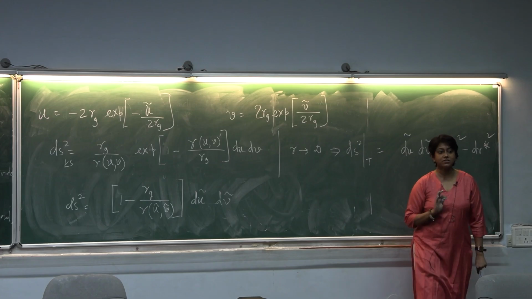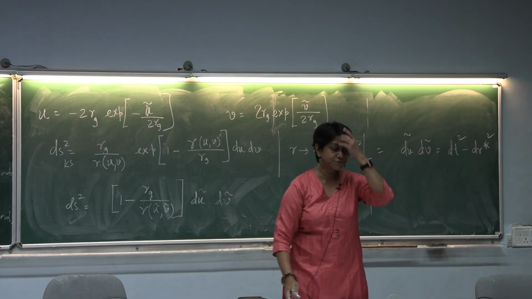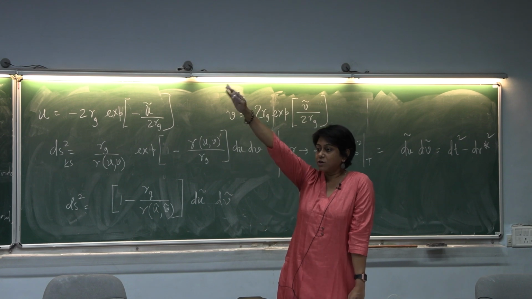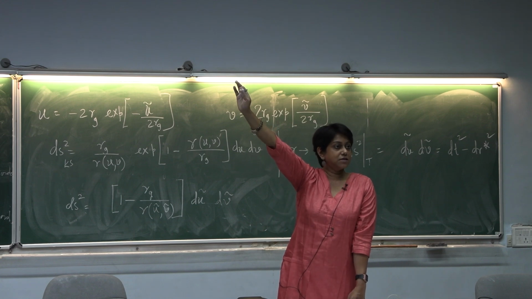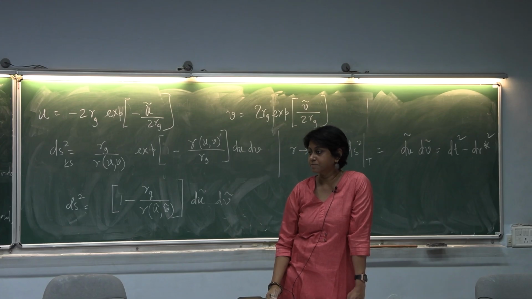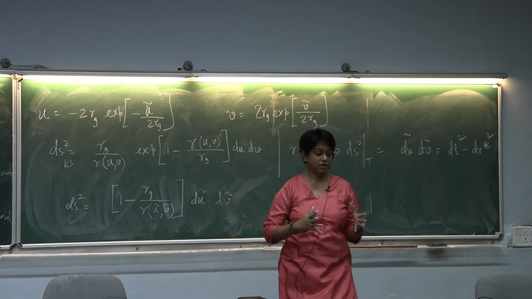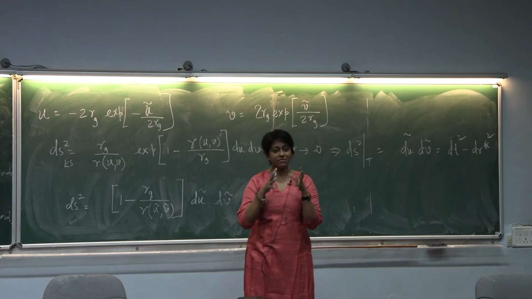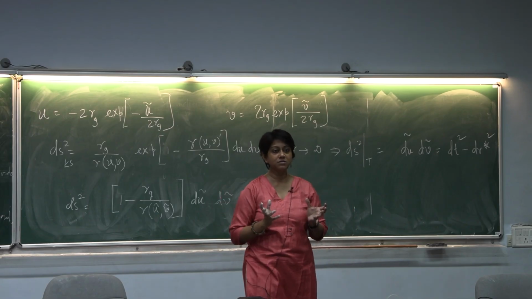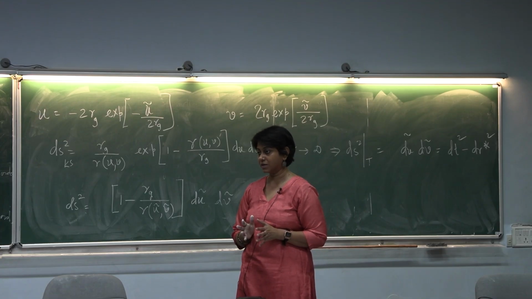So associating with T, I can think of the positive energy solution for the particle, of course for an observer who is sitting asymptotically distance apart from the black hole. So this positive energy solution under this T, whatever the vacuum state you can construct, is known as the Boulware vacuum.